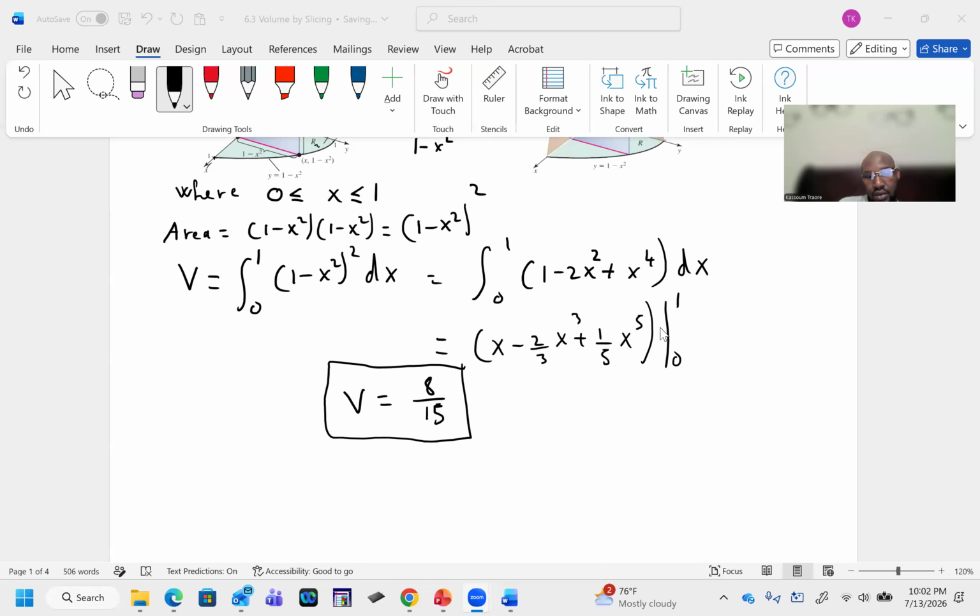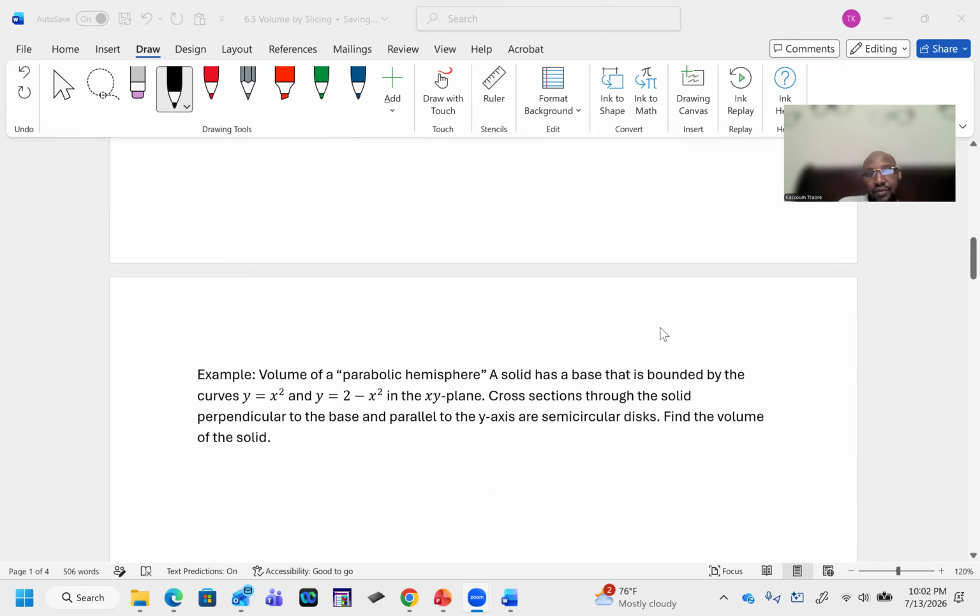So for this example, the volume of a parabolic hemisphere. A solid has a base that is bounded by the curves y equals x squared and y equals 2 minus x squared in the xy plane.